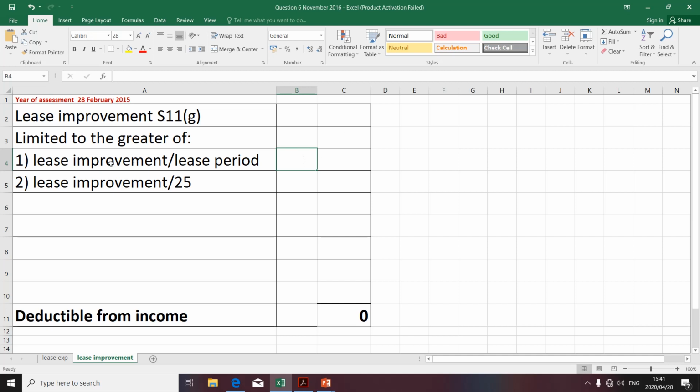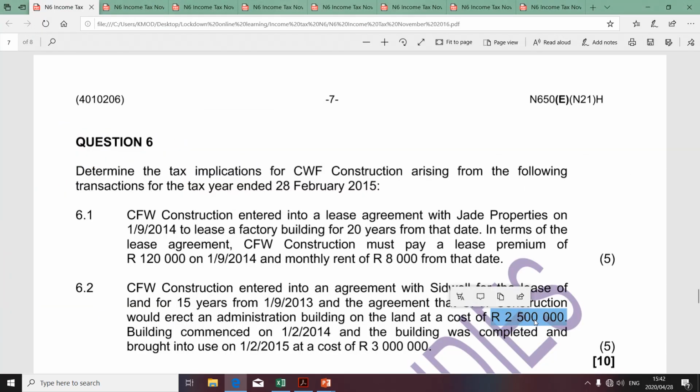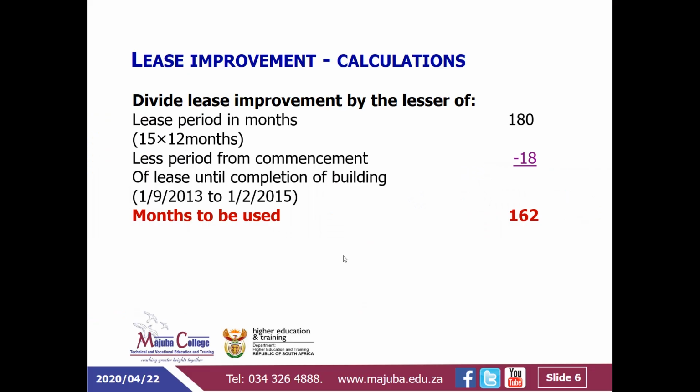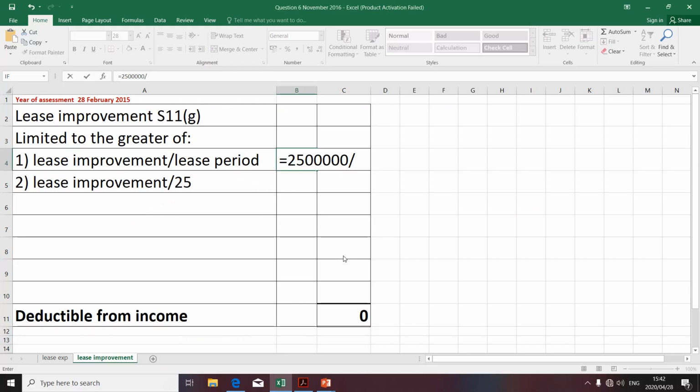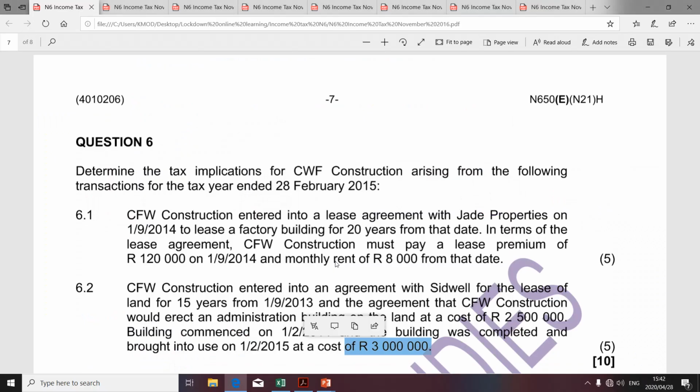So allow me to do calculations relating to the first one. Remember, it's limited to 2.5 million. We're going to take that amount because it's the amount that they agreed upon. Even though CF incurred the actual amount of 3 million, we're going to limit it to 2.5. There you go, 2.5 million. We're going to divide that by 162, and multiply by months of usage in the current year of assessment.